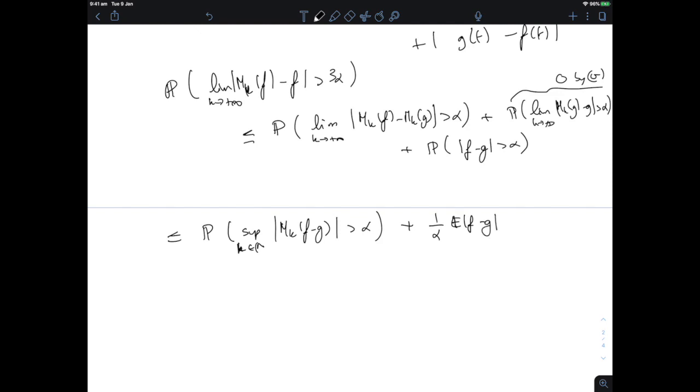That's just because this probability is the expectation of the indicator function of the set where f minus g is greater than alpha, and on that set, f minus g divided by alpha is greater than 1.